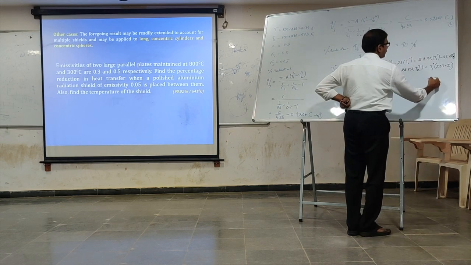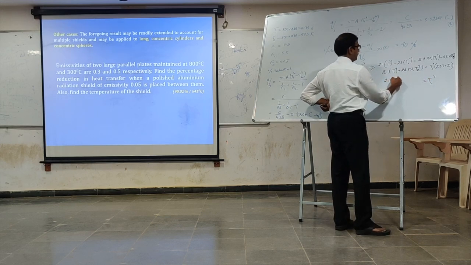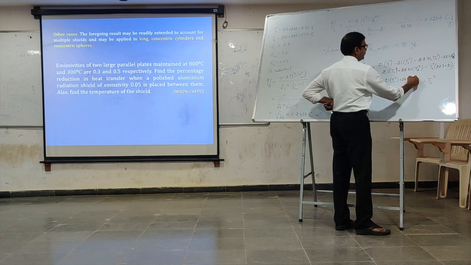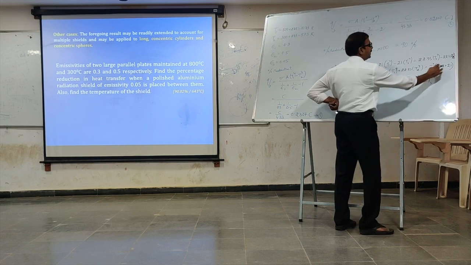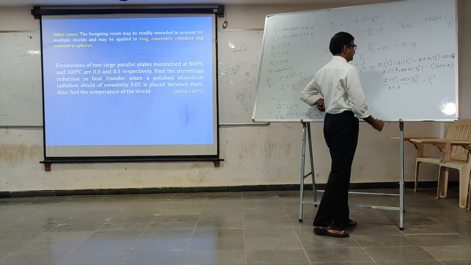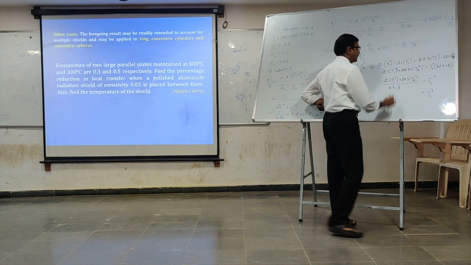So Ts to the power of 4 is equal to 21 into T1 to the power of 4 plus 22.33 into T2 to the power of 4, divided by, how much is this? 43.3, right? So tell me this value.